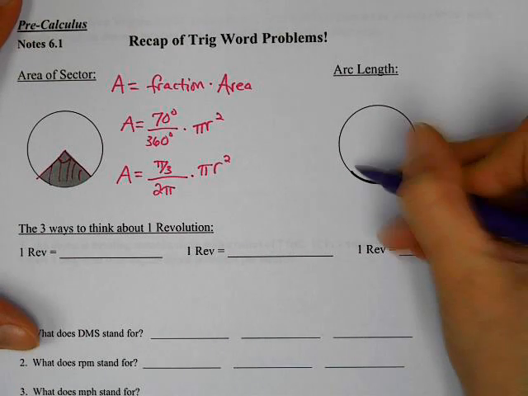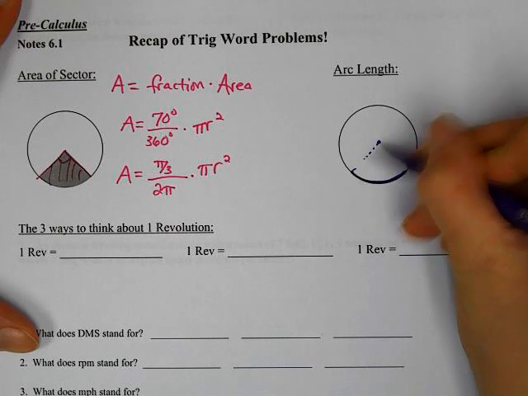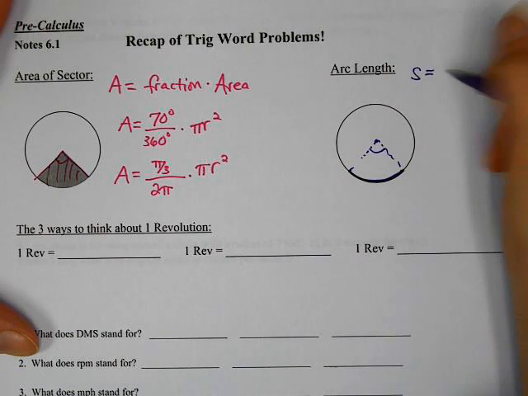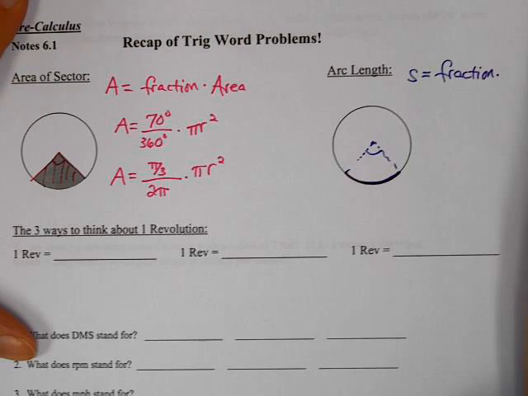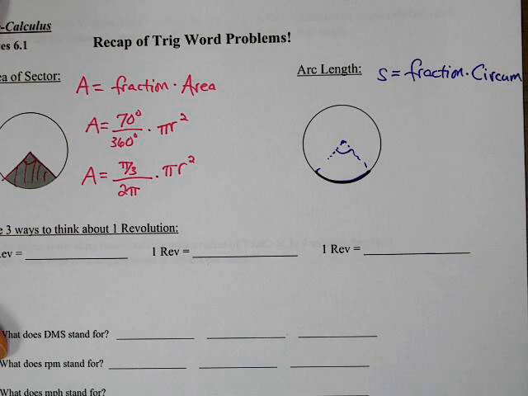Okay, when it comes to arc length, we're talking about this arc right here. That is a piece of the circumference of the circle. We still have to know from the center of the circle what the angle is. So arc length has letter S, and that's a fraction of the circumference of a circle.